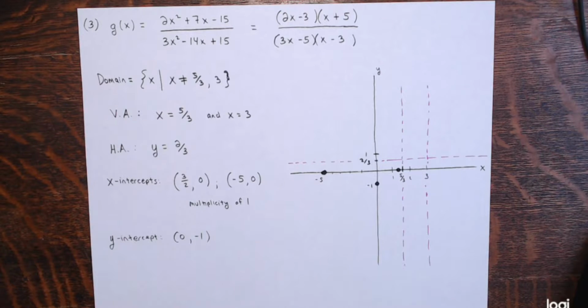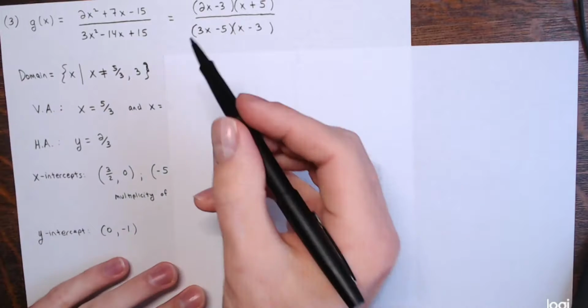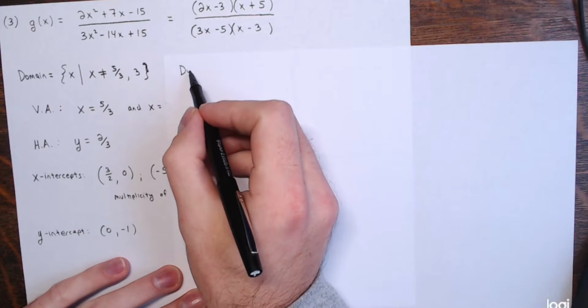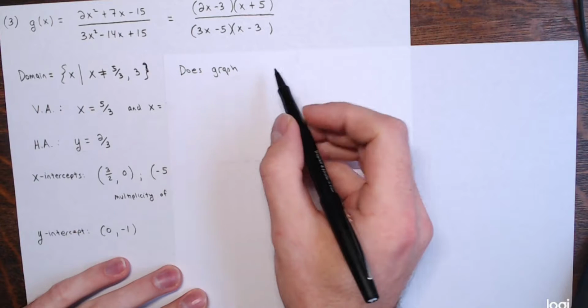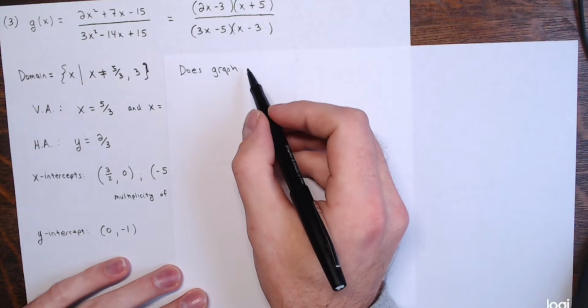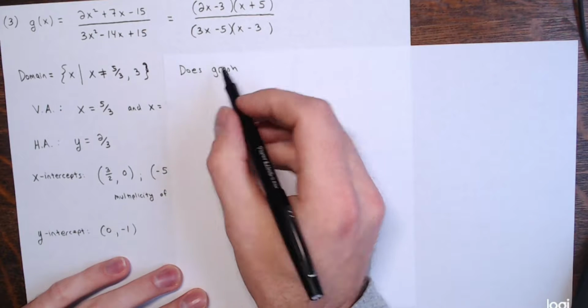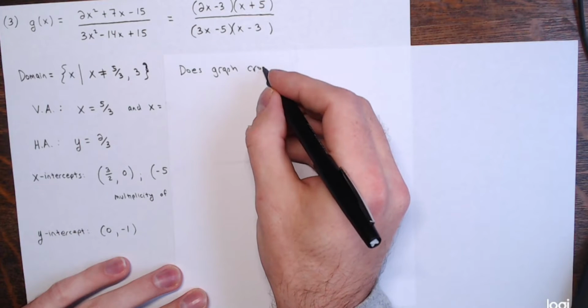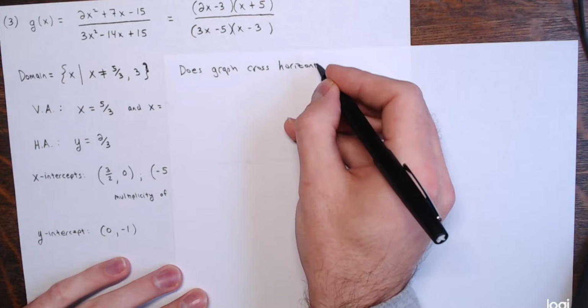This is something you might want to keep in the back of your mind. I know I said I wouldn't talk about it earlier, but I thought about it a little more. Does the graph cross the horizontal asymptote or slant asymptote?